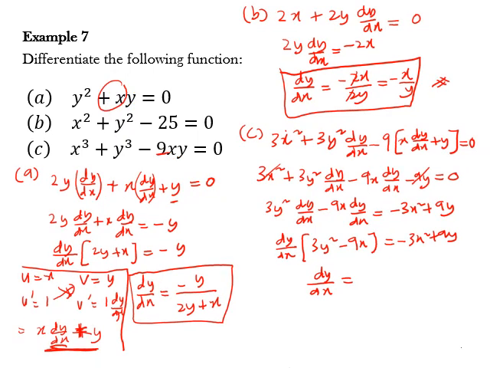So the dy/dx will be negative 3x squared plus 9y divided by 3y squared minus 9x. You can simplify, and you can also stop here.